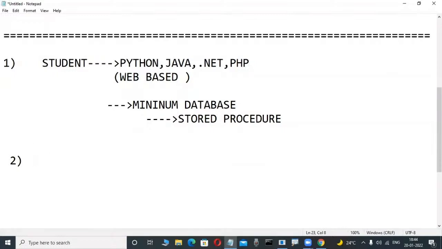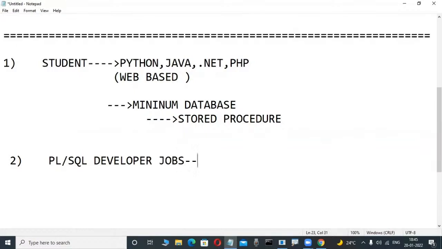Then those persons apply for PLSQL developer jobs, which exist without any knowledge of Java, .NET or front end. A non-technical person without very good programming skills can take PLSQL developer jobs, even with a 2 or 3 year gap.